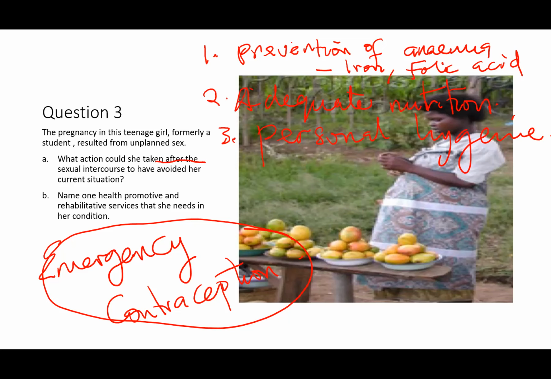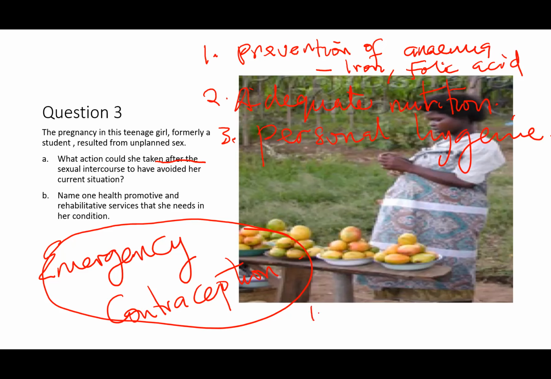She will face all the complications of pregnancy. So it has happened, and you have to empower them. So she needs occupational rehabilitation. She needs some psychological and social rehabilitation because she can go into depression, attempt to commit suicide, and so many other bad thoughts can come to her. So she needs the rehabilitation.